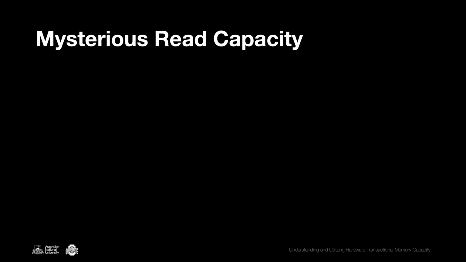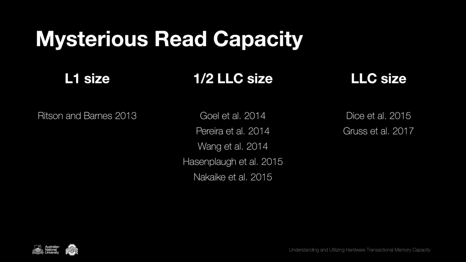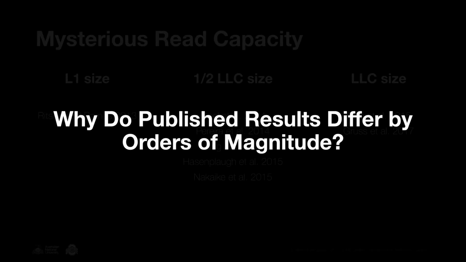However, the story is very different when it comes to the read capacity. As shown before, many published results differ wildly. Broadly, the read capacity findings in published work can roughly be divided into three categories: L1 size, half of LLC size, and LLC size. How can published results differ by orders of magnitude?